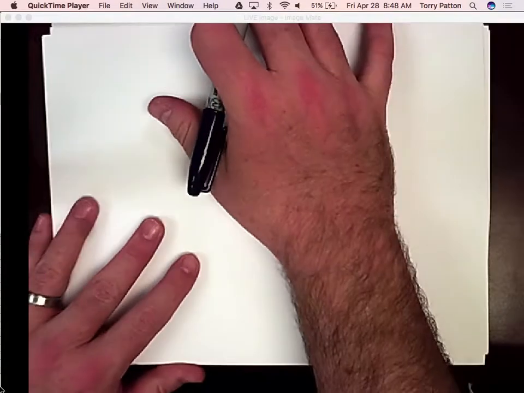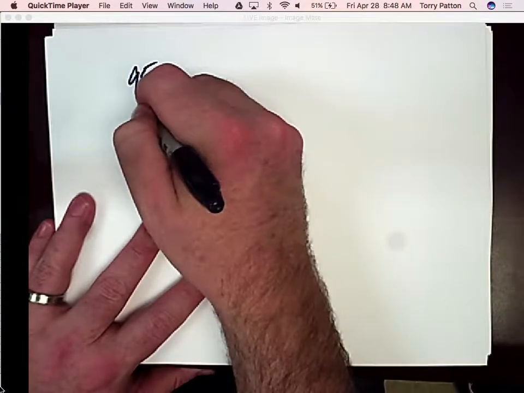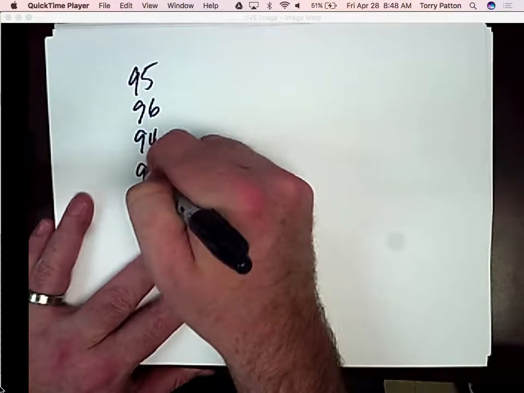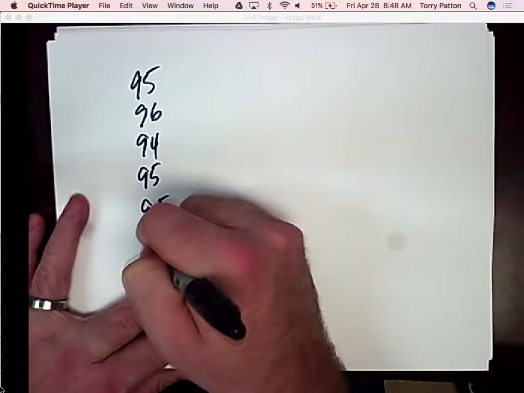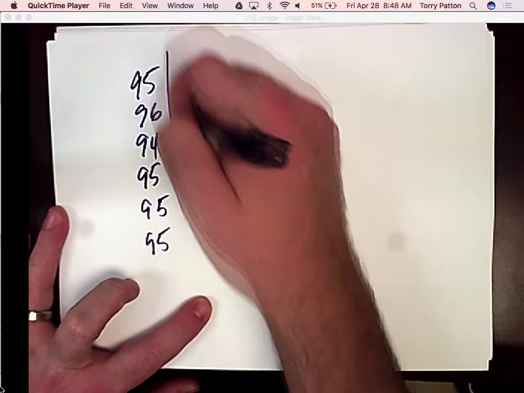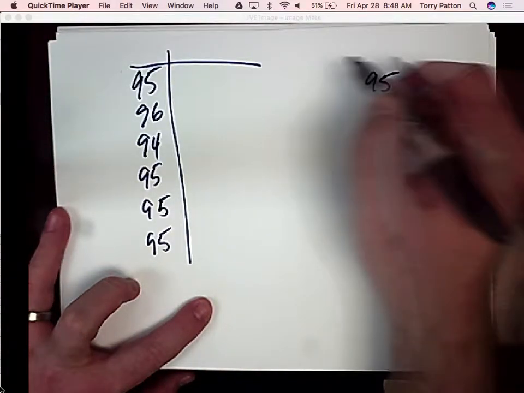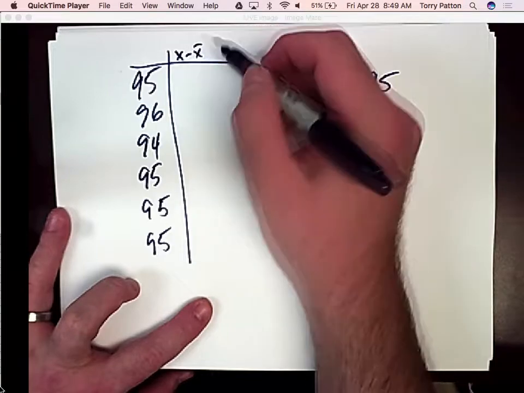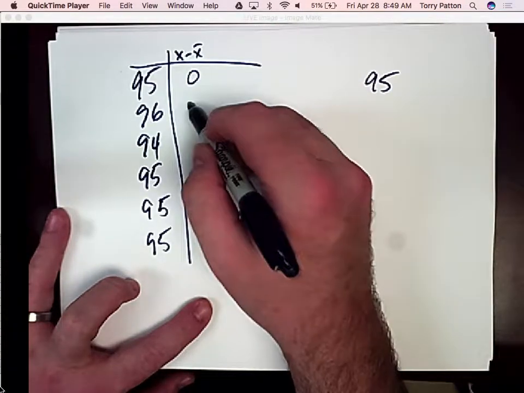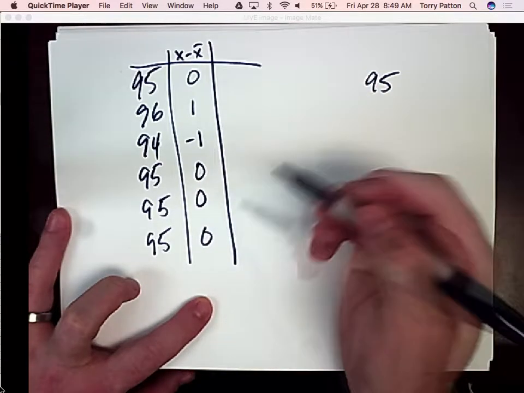Let's do the other set of values. This one's going to be much easier. We got 95, 96, 94, 95, 95, 95. So the first thing we're going to do is find the mean, which was 95. Then you do x minus the mean, so that'd be 0, 1, negative 1, 0, 0, 0, right?